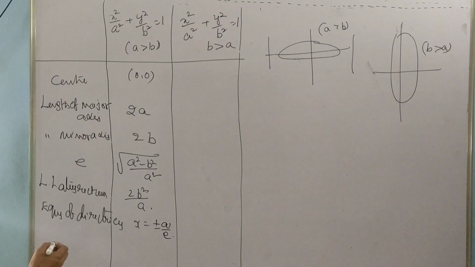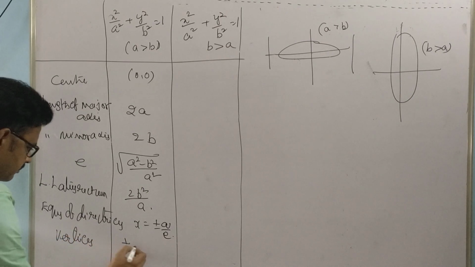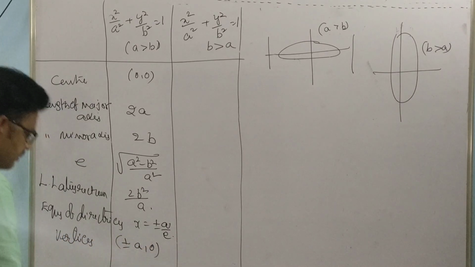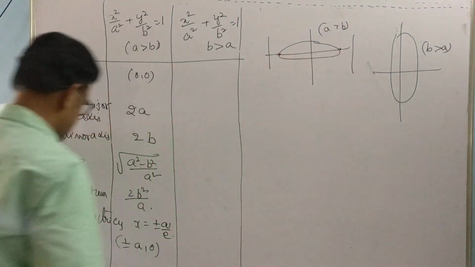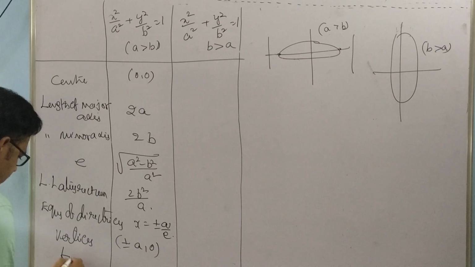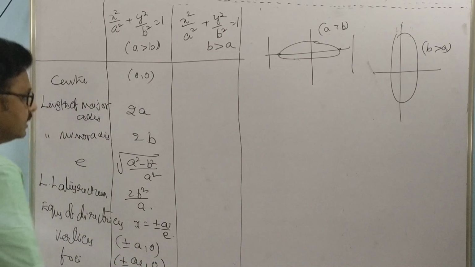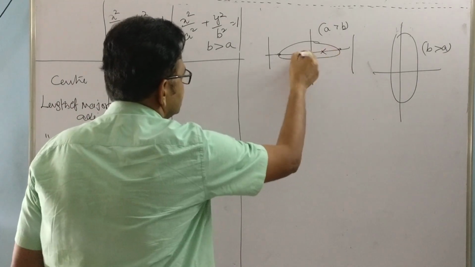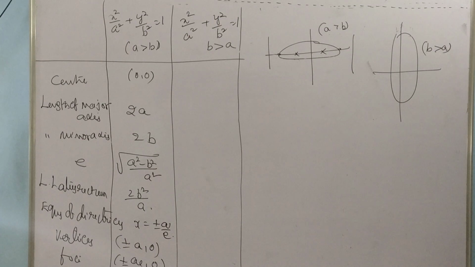Vertices are plus or minus a comma 0. And the coordinates of foci are plus or minus ae comma 0.